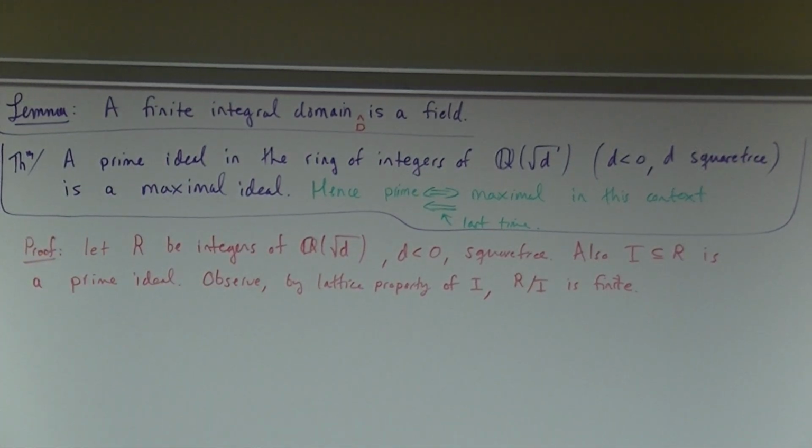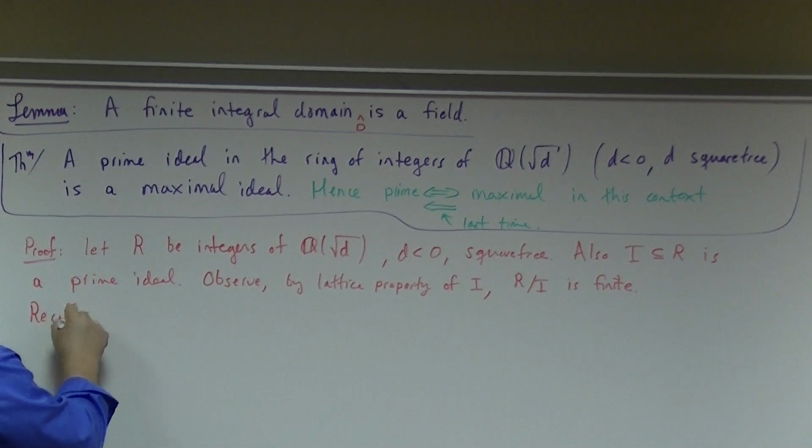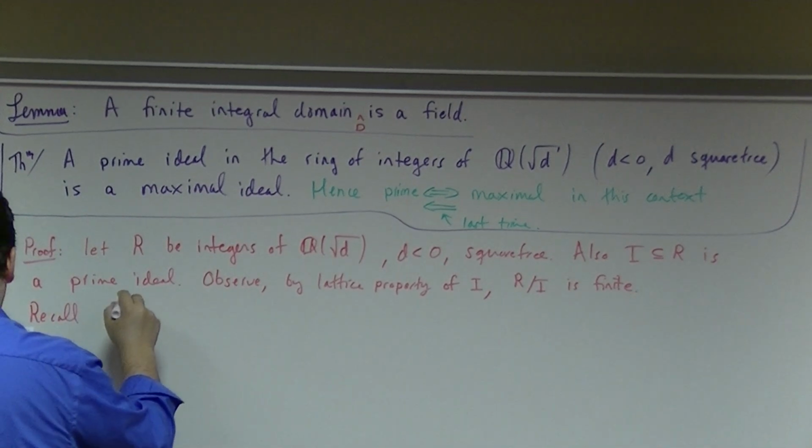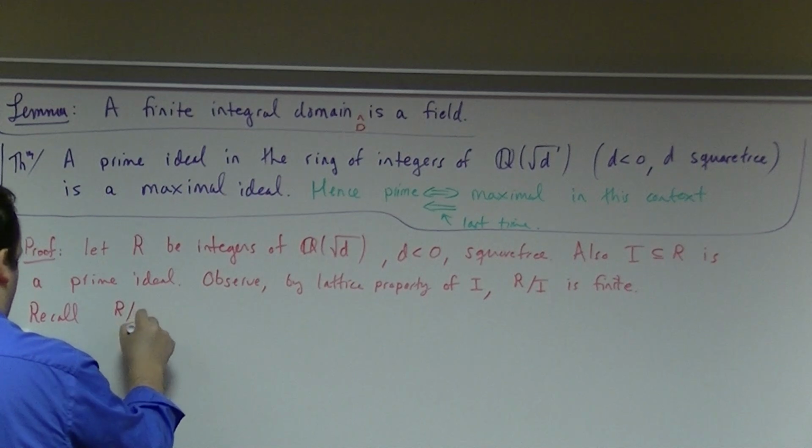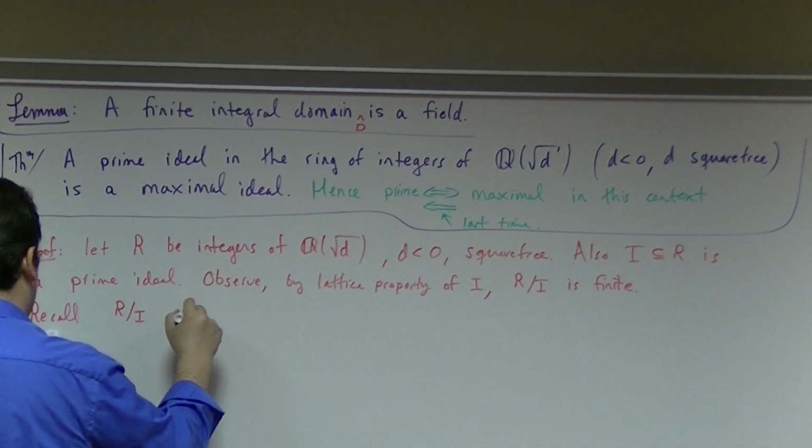I'll draw a picture to expand on this thought, but let's not get stuck on this. Accept with me for a second, for the sake of completing the proof, that R mod I is finite. Okay, we can argue it with a picture shortly. But recall that R mod I has no zero divisors.